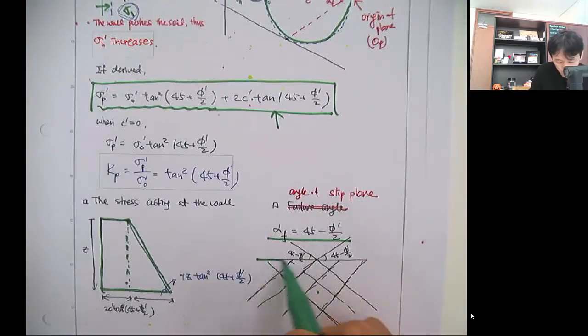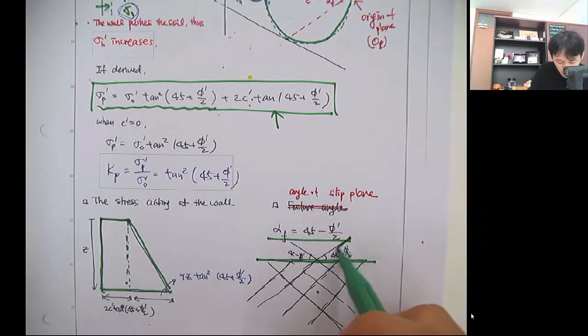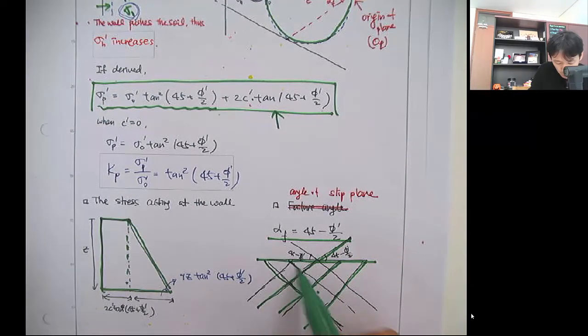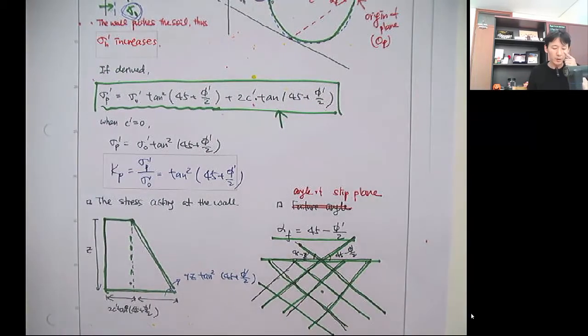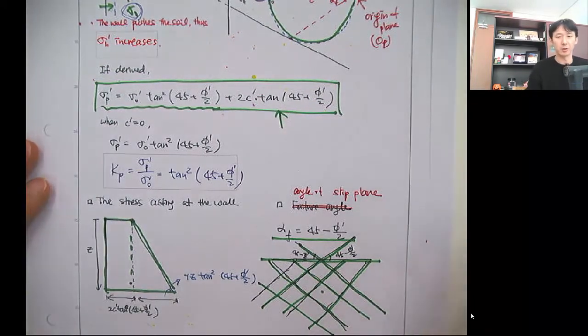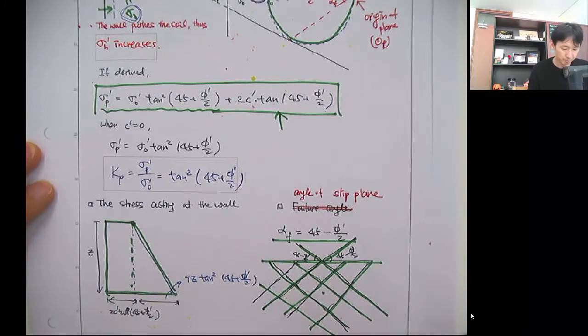So from here, if you draw the line, this will be the potential failure angle of the slip planes.